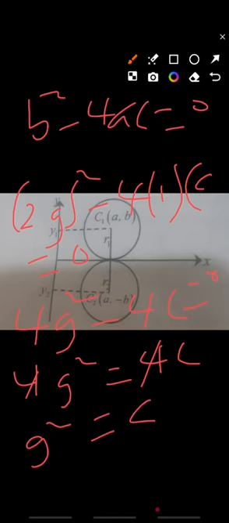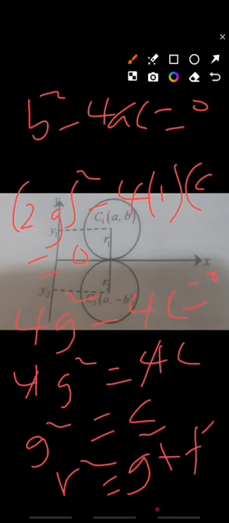Now, from our equation of the circle, we know that the radius squared is equal to g squared plus f squared minus c. That's what r squared is equal to.